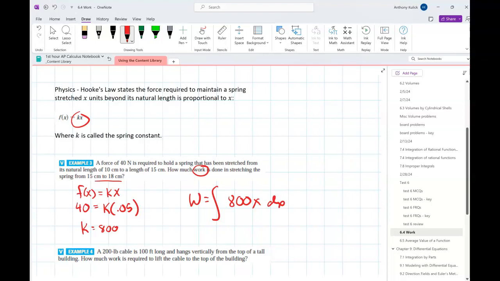What do the bounds need to be? Not 15 to 18, because its natural length is 10. So 5 to 8. Right? But we need to write it in not centimeters, but meters.